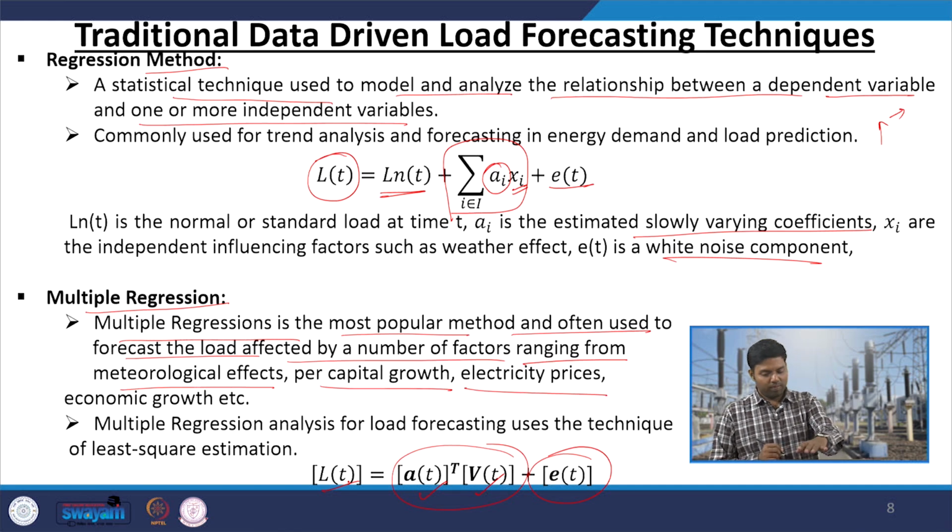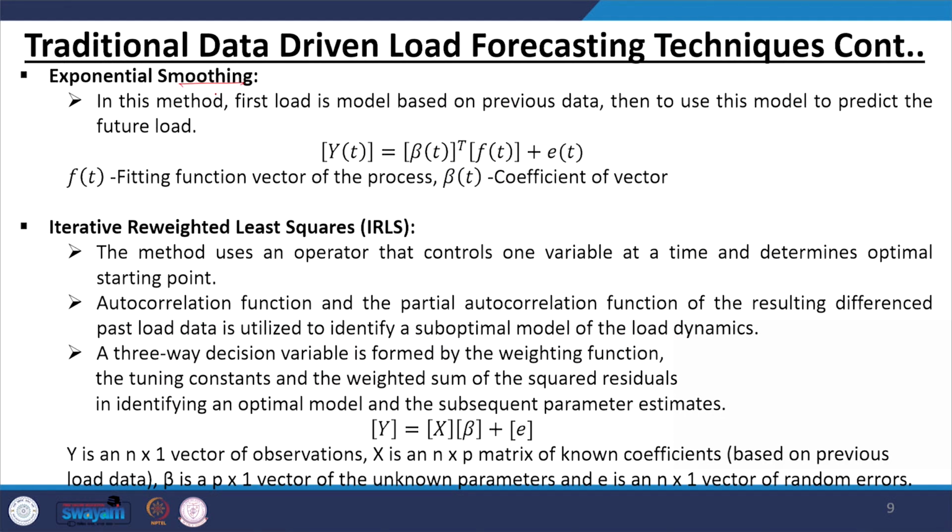to get the load value. Then you have exponential smoothing. What it says is that in this method, first the load is modeled based on the previous data. That means you did some prediction or you have experienced some load previously in the weekends or weekdays. So, take that data, then use this model to predict the future load. So, you will get a fitting function vector from your previous data.